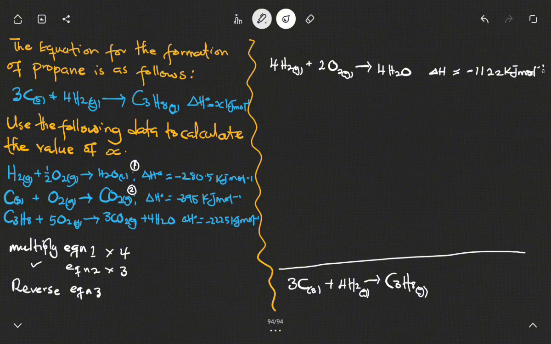Now for equation 2, we are multiplying by 3. So when we do that, we'll have 3 carbon solid, and then 3 moles of oxygen gas, and this is giving us 3 moles of carbon dioxide gas, 3CO2 gas.